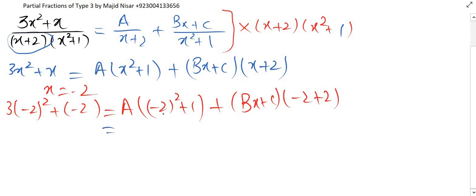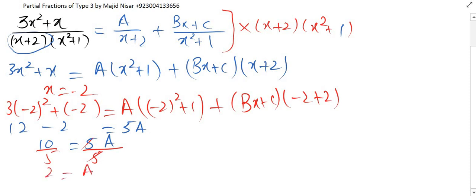Minus 2 squared is plus 4, 4 plus 1 is 5, so 5A. Minus 2 squared is 4, 4 times 3 is 12, 12 minus 2 is 10, that is equal to 5A. Now we can eliminate this 5 by dividing both sides by 5. 10 divided by 5 is 2. So A is 2. We have derived the value of A.